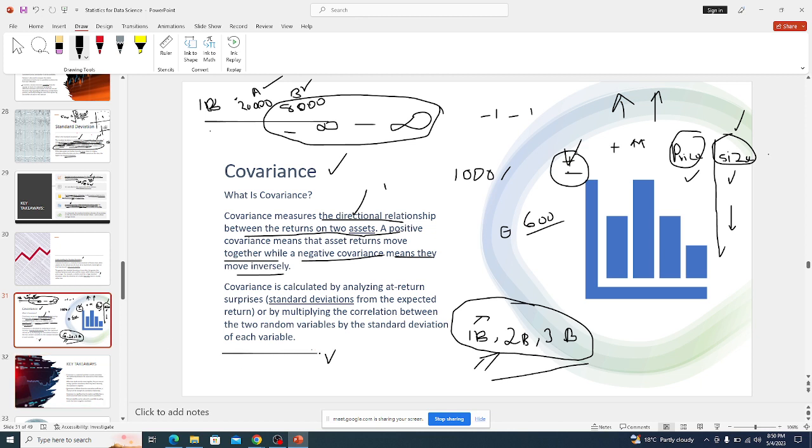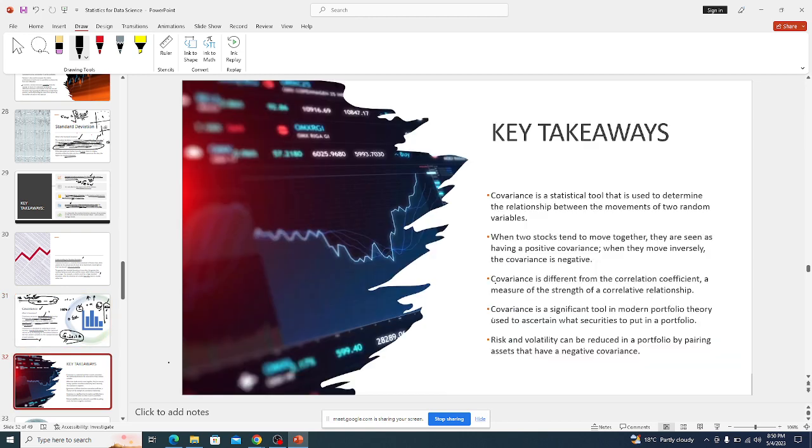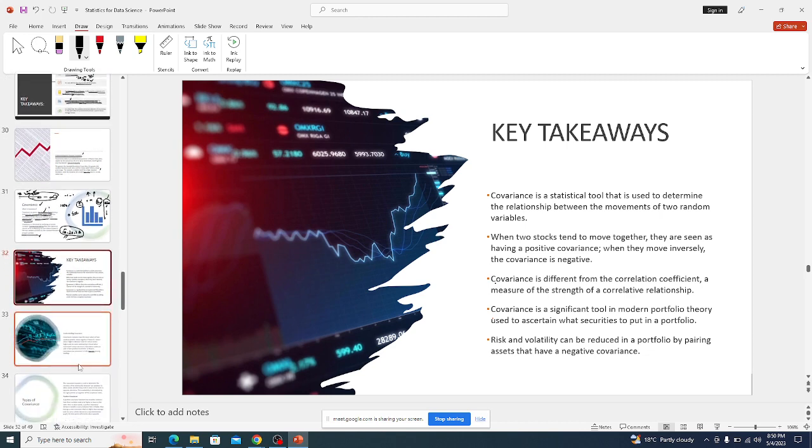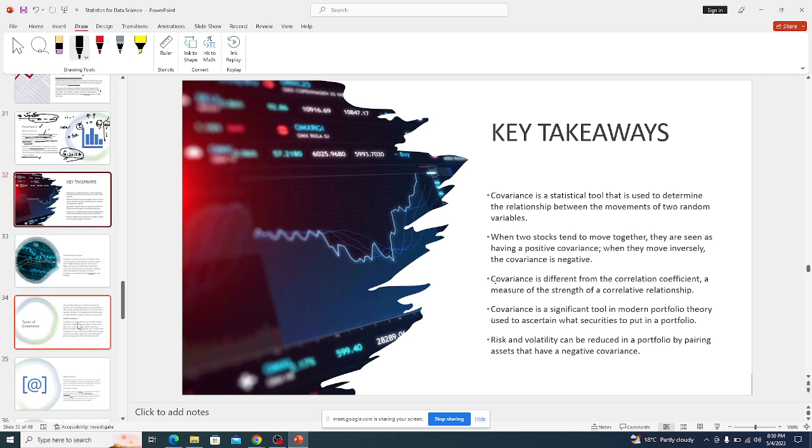But don't worry about that, we shall learn more of the formula when we are doing the practicals. Then any question before we go to the takeaways for covariance? Any question maybe?